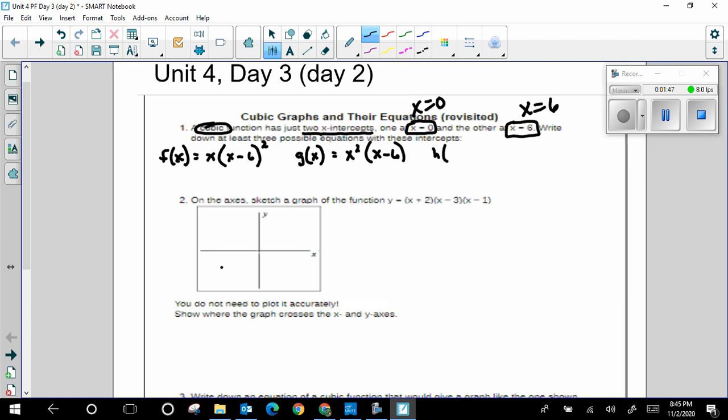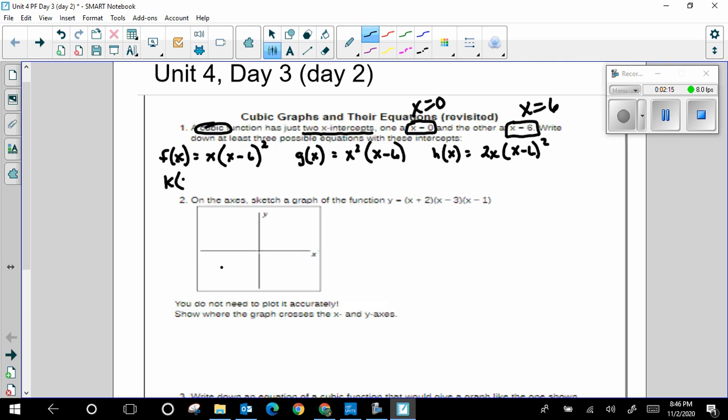So now we start playing around with just lead coefficients and negative signs. We're just still going to have a cubic function with the same x-intercepts. So I could go back to f of x and just say 2x times x minus 6 squared. Still a cubic function. All I did was stretch it by 2 units, so it'll be a little bit taller.